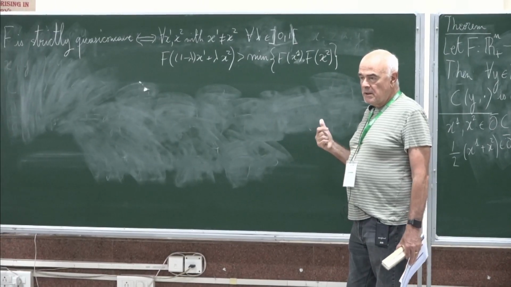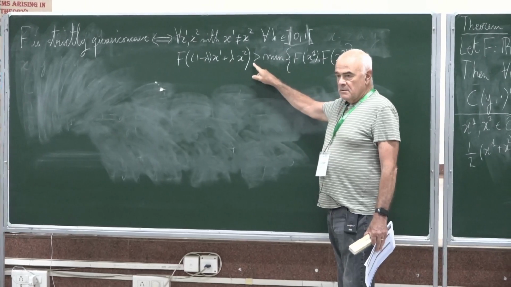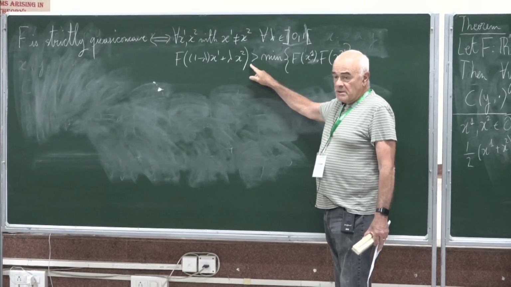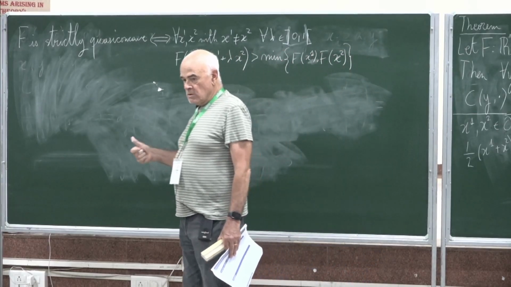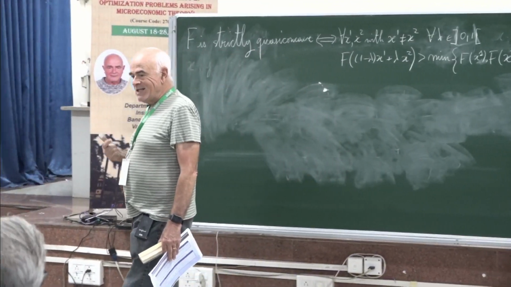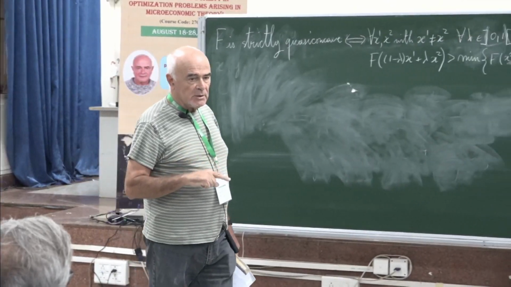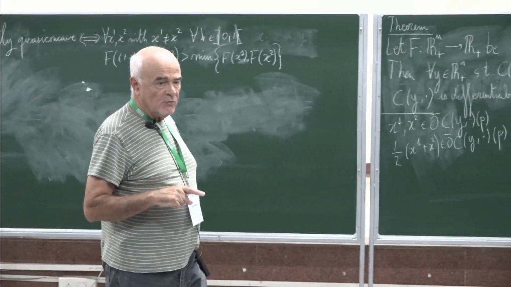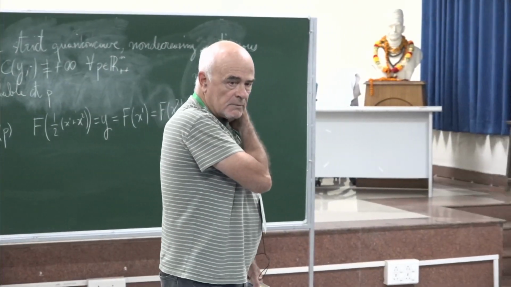Notice that in the excluded cases, we have equality. So quasi-concavity still holds with this definition of strict quasi-concavity, unlike in the case of semi-strict quasi-concavity, which I'm not going to define because I'm not going to use. Okay?